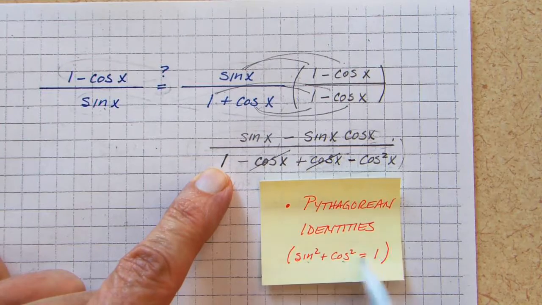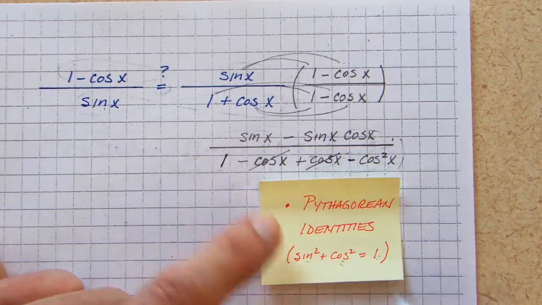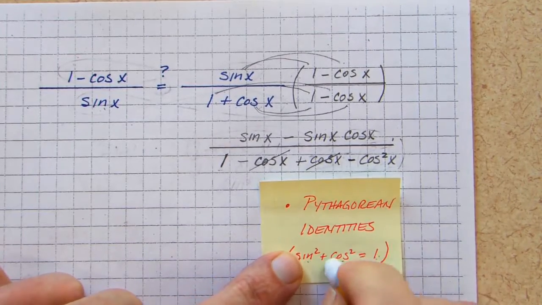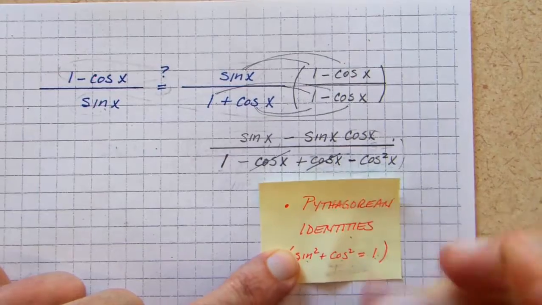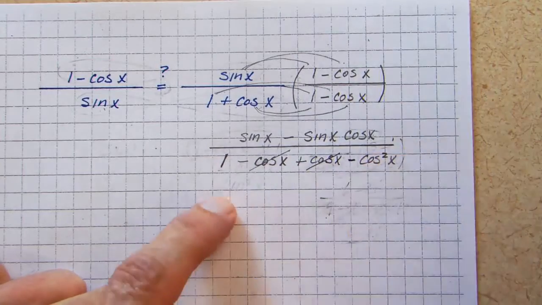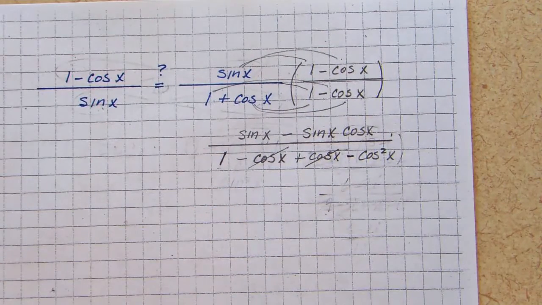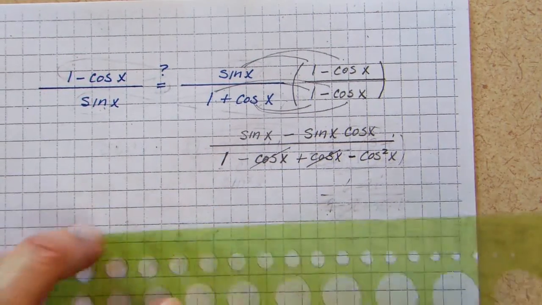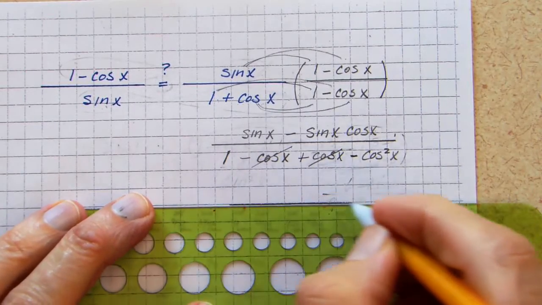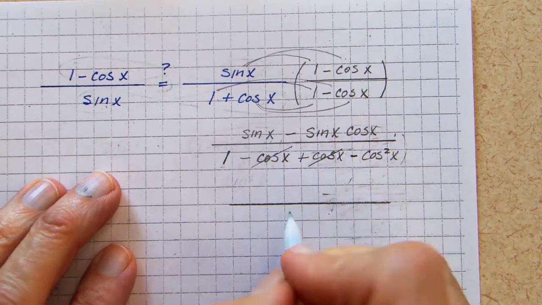Sine squared plus cos squared is 1. So if I just subtracted the cos squared over here, 1 minus cos squared would be the same as sine squared. So I'm going to replace the denominator with sine squared.